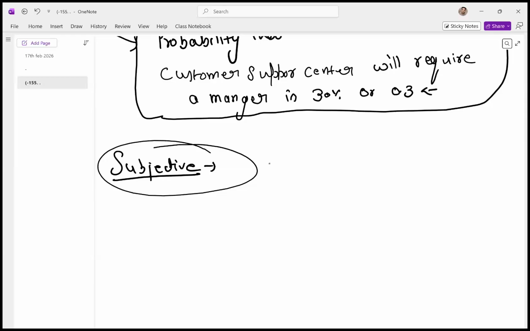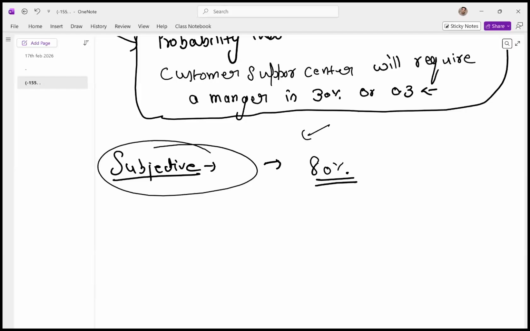For example, what is the probability that a student will pass or fail? Based on my previous experience with someone who's not coming to the class, the probability of that student passing the course is maybe 20%, and for someone who is attending, based on my previous experience, the probability of a student passing the course is 80%.